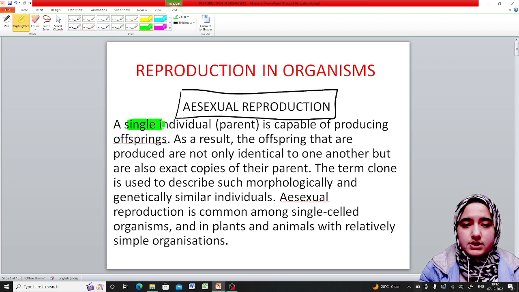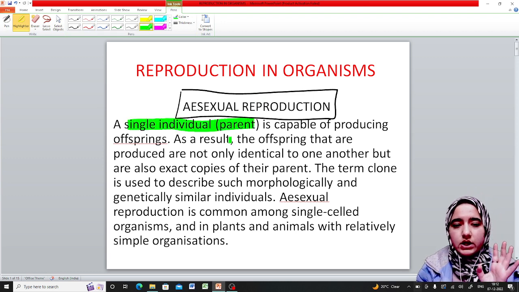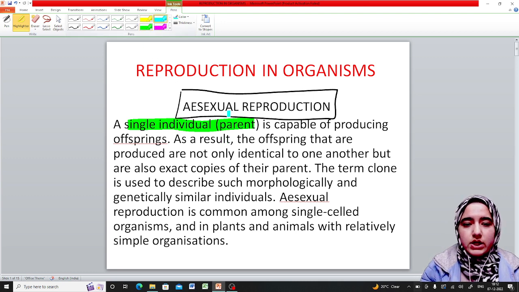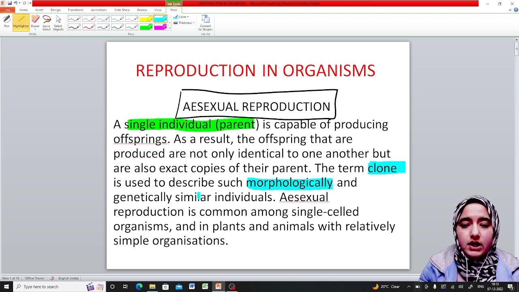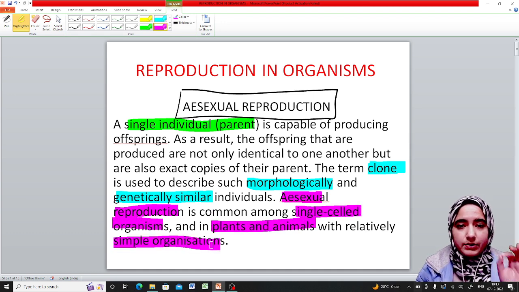In asexual reproduction, as I said, a single individual is involved. That's why the organisms produced are clones, and I already mentioned clones simply means organisms which are morphologically and genetically similar to their parents. Asexual reproduction is common among single-celled organisms and in plants and animals with relatively simple organization.